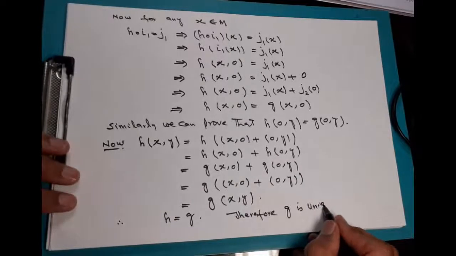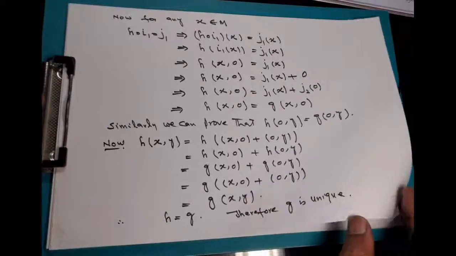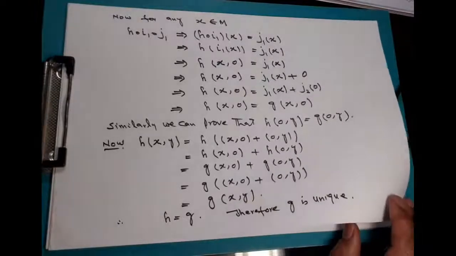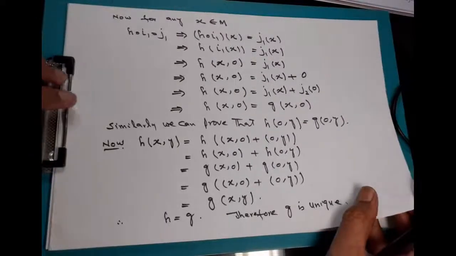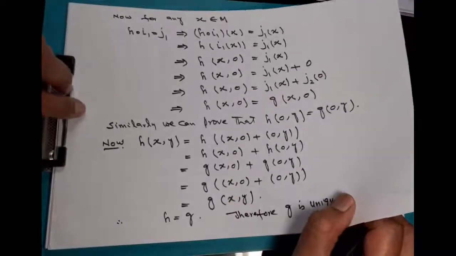So we have completed all the steps. Therefore, M plus N is the co-product of M and N in the category of left R-modules.